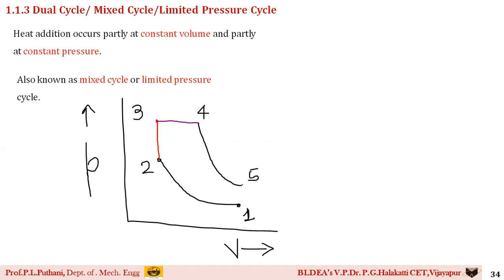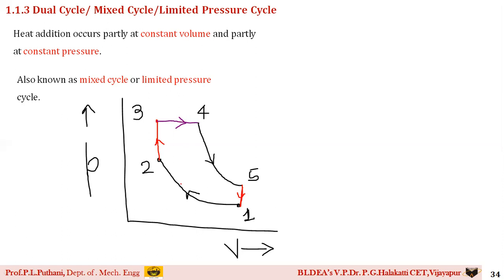And finally, heat rejection takes place at constant volume. If I name these curves, it looks like this, students. Please observe here: 1 to 2, 2 to 3, then 3 to 4, 4 to 5, and 5 to 1.